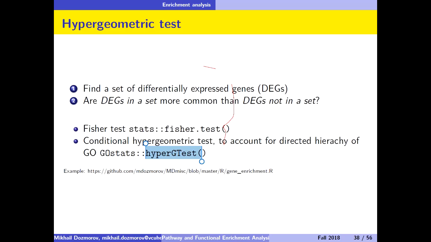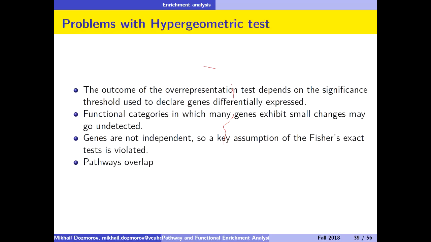So this hyperGTest accounts for this hierarchy and gives you more precise p-values. How those functions work, I put a link here. You can see the actual R code. You provide it with gene lists, and it will give you p-values. So that's pretty much what I'm using, and it works pretty efficiently.